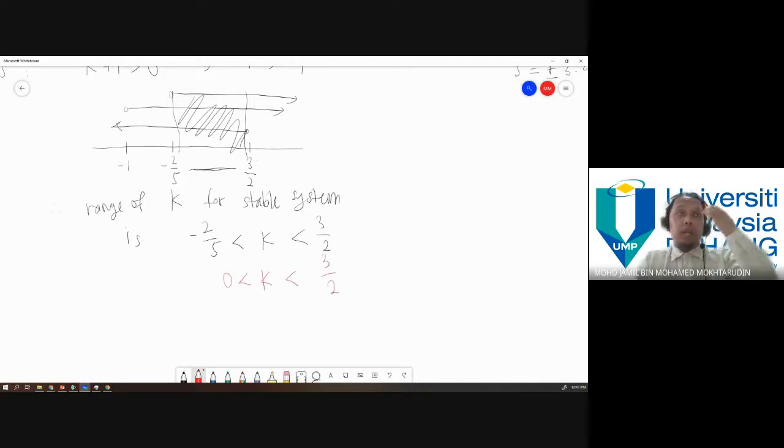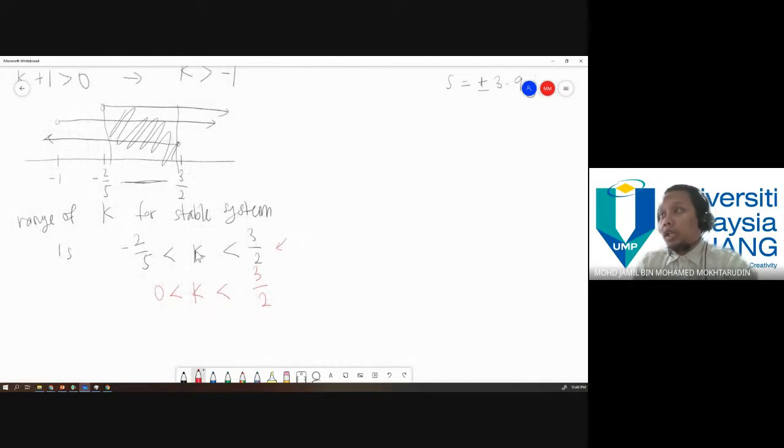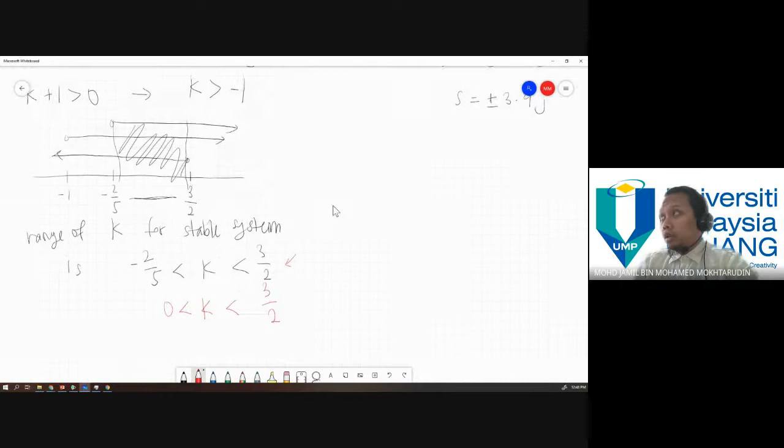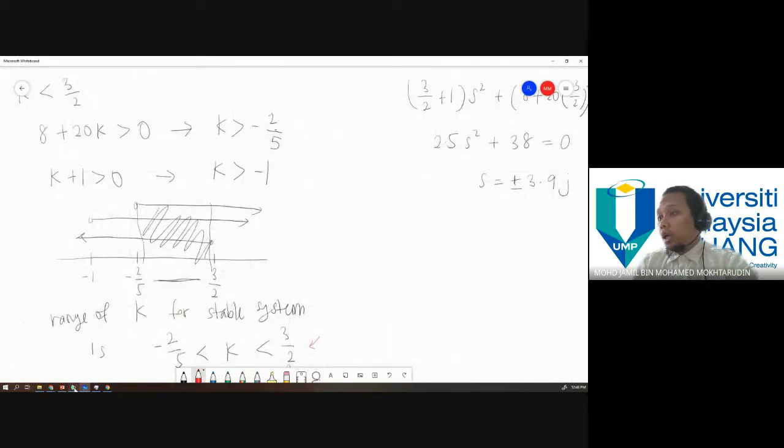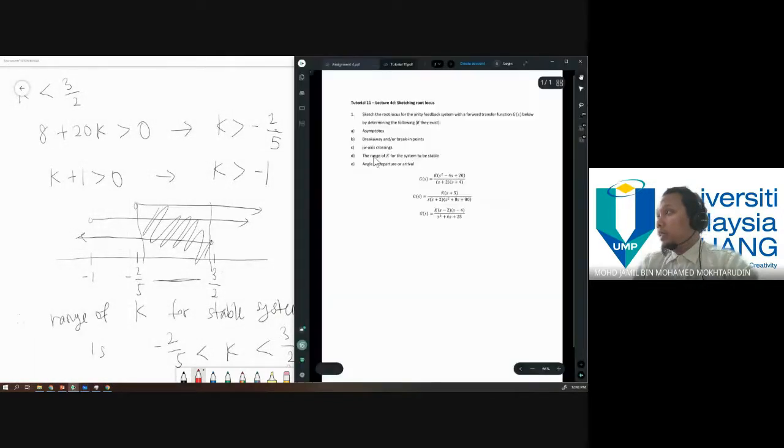Because we normally don't take negative K. But the top answer here is more correct, okay, than the bottom one. The bottom one is more realistic. In real life, we don't take negative gain, okay? We only take positive gain. And now we have the answer for question D.